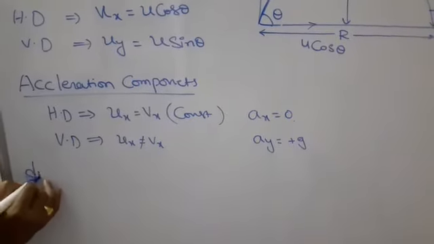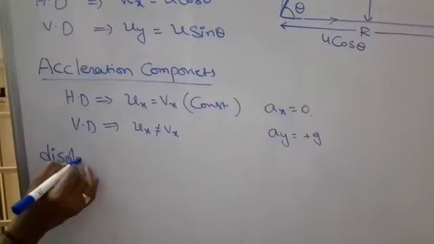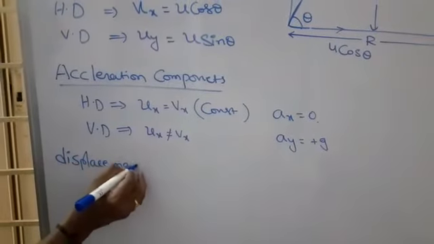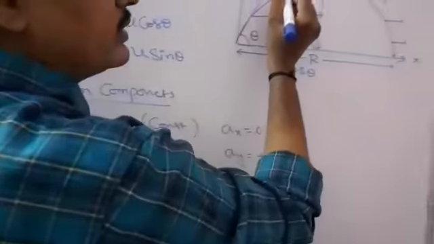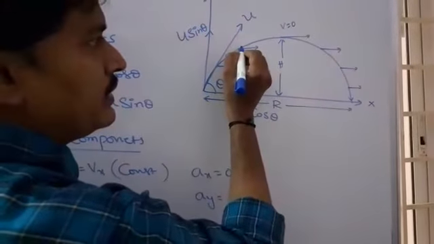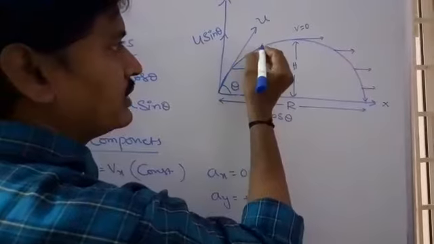Next, displacement components. For example, a particle reaches point P in its path after t seconds.